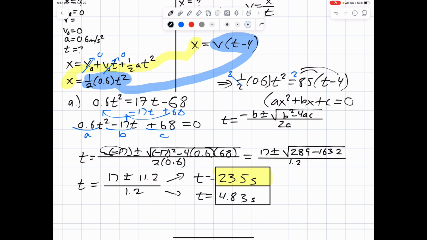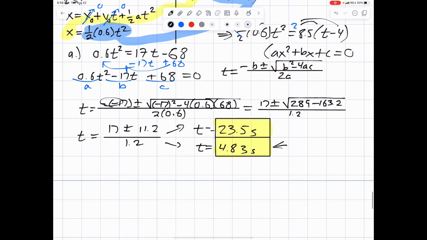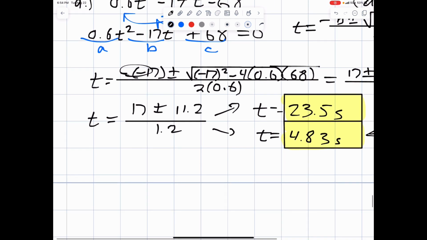So while both of them are actual answers, the second one is really the one that you want. So let's make sense of this. The train is accelerating, picking up velocity, remember, accelerating at 0.6 meters per second squared, and you're running after this thing.